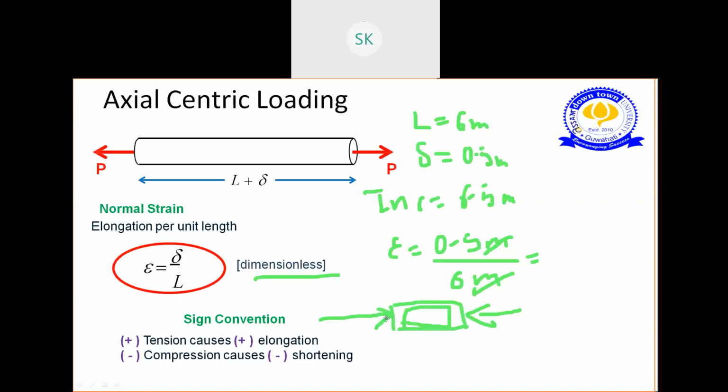It will be squeezed in. So compression causes shortening of the member. Here, tension causes elongation of the member. Compression causes shortening of the member. So for shortening, we have to take negative, and for elongation, we have to take a positive sign.